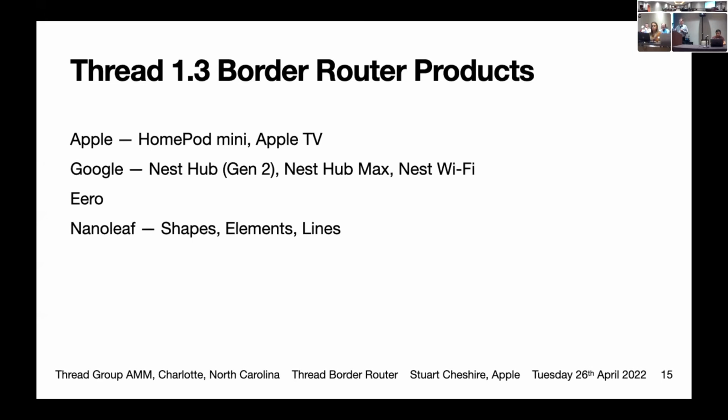You buy a Thread device, there is a question, well, do I need to buy a border router as well? And some people may still need to do that. But if you have one of these products, then in addition to whatever else it does for you, it is just incidentally a border router as well. And that saves you having to buy an extra piece of hardware. So that is the end of my presentation. We can take some questions.